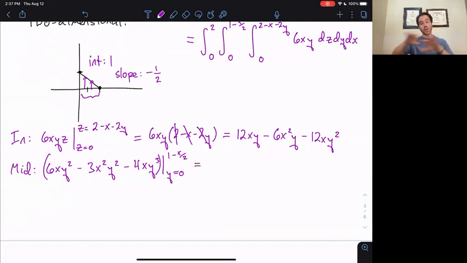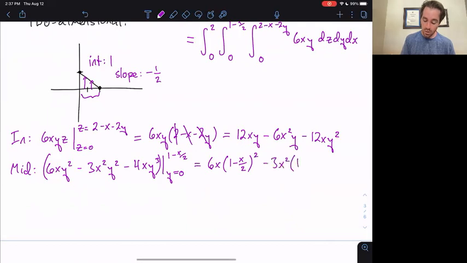The 0 once more cancels out, so we don't need to worry about that. 1 minus x over 2. A little bit of a mess, but not too bad. 1 minus x over 2 squared minus 3x squared times 1 minus x over 2 squared minus 4 times x, 4x, what's the best way to write this? 1 minus x over 2 cubed.